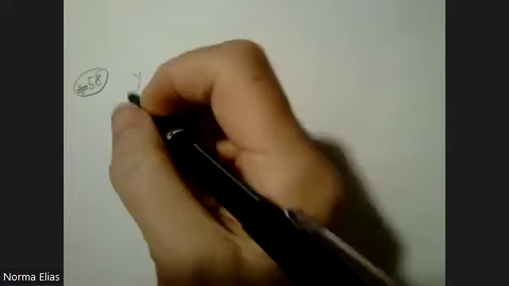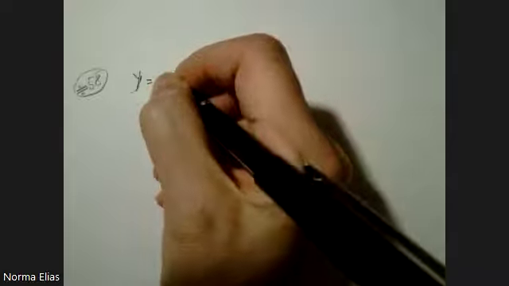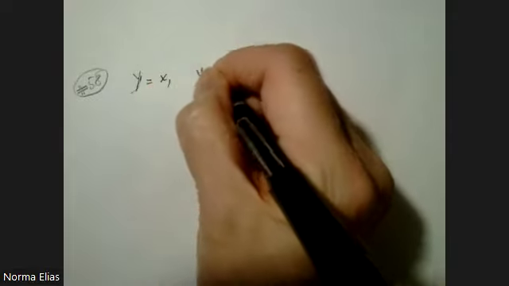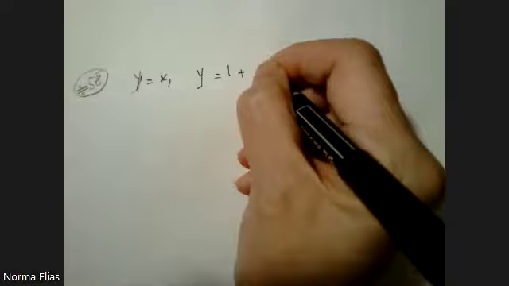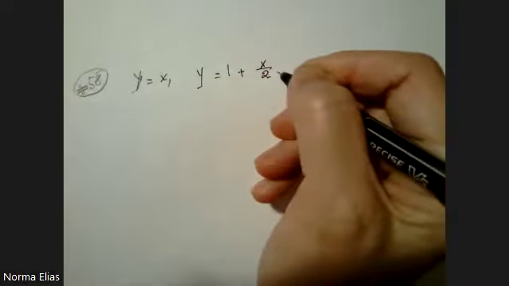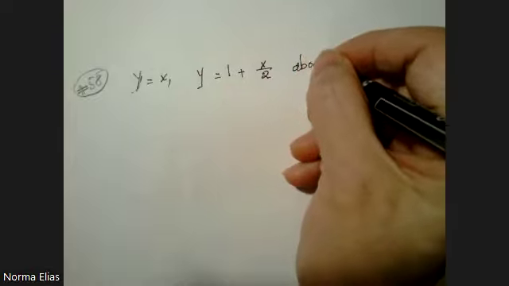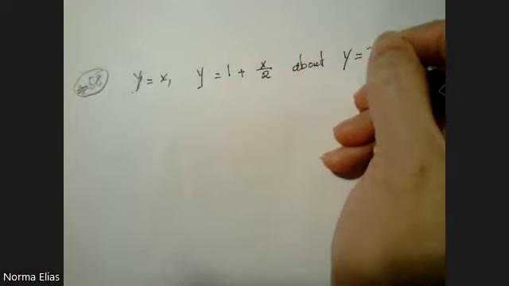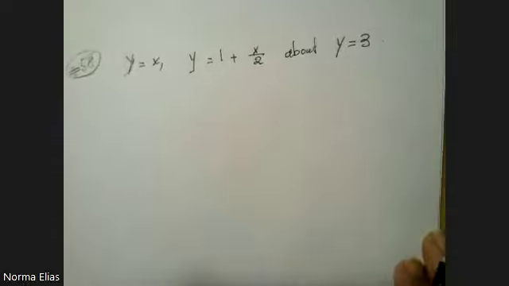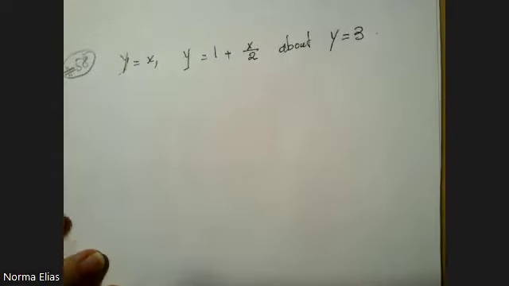y equal to x, y equal to 1 plus x over 2, and we are rotating about y equal to 3. Okay, so let's do that.